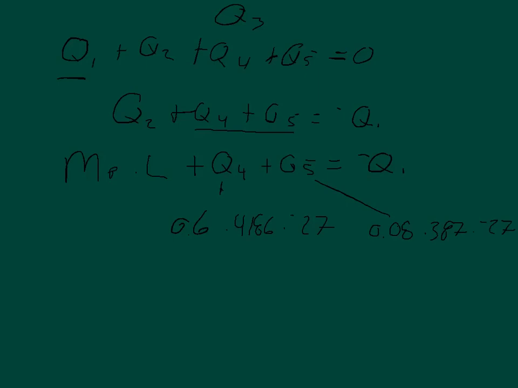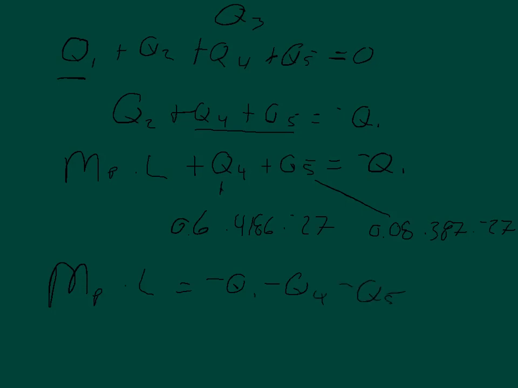So to solve how much ice melted, let me see exactly how the question was asked. It's: if not all the ice melts, determine how much ice is left. So right now we're figuring out how much melted. We'll take that number and subtract it from our initial amount of ice. So we get that the mass of the phase change times the latent heat is equal to negative Q1 minus Q4 minus Q5.